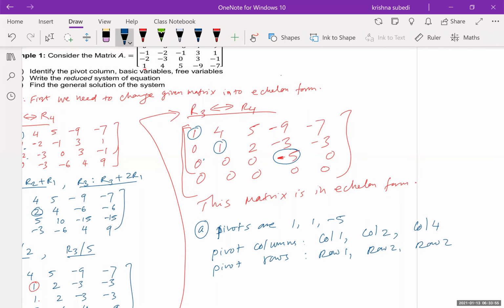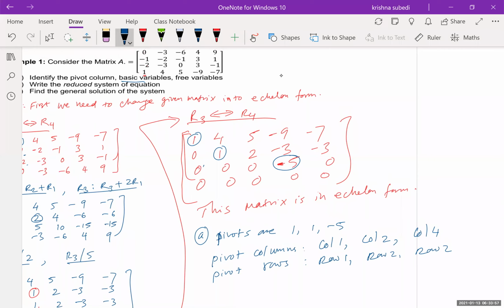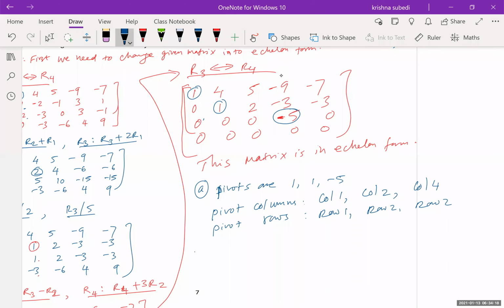So that's it. Now, what are the basic variable and free variable? Very important words, guys. We'll be using these words over and over again until the end of this course. What it means is, let me just write it down.